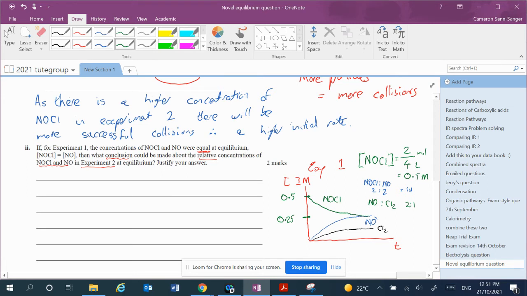So we can actually go through and work out their equilibrium concentrations. We can say here that for experiment 1, actually let's try the black again. Experiment 1 at equilibrium.